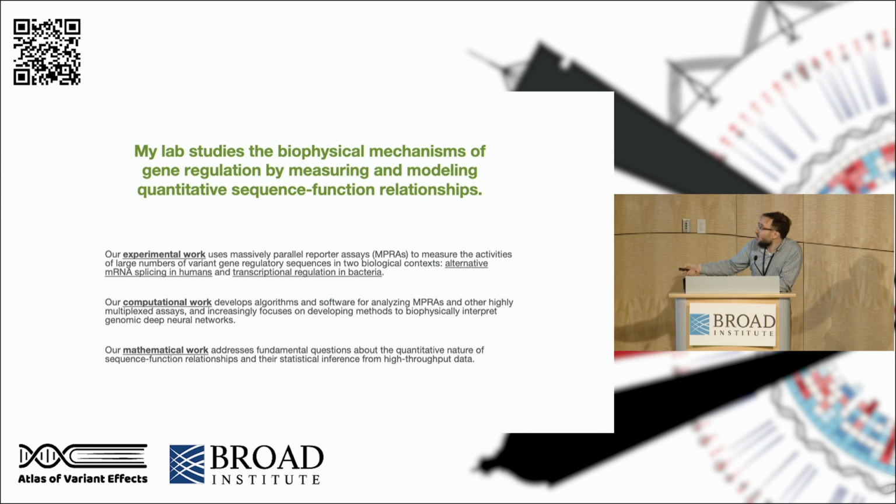Our computational work develops algorithms and software for analyzing MPRAs, but also other MAVE experiments. It increasingly focuses not only on biophysically understanding MAVEs, but biophysically understanding genomic deep neural networks. And our mathematical work addresses fundamental questions that arise in the process of this computational work, regarding both the inference of sequence-function relationships from high-throughput data, but also the quantitative nature of sequence-function relationships more generally.